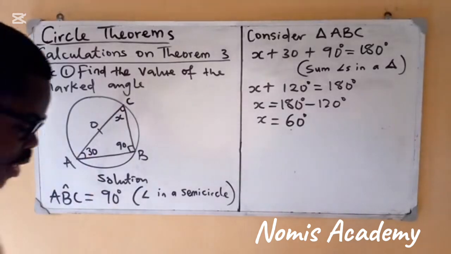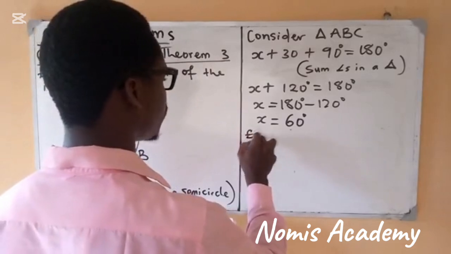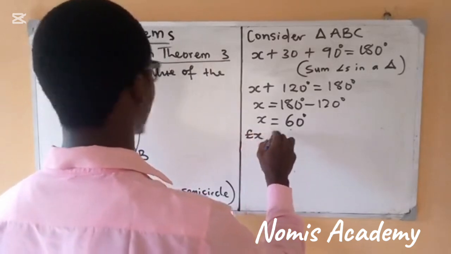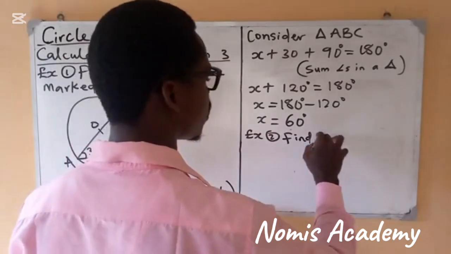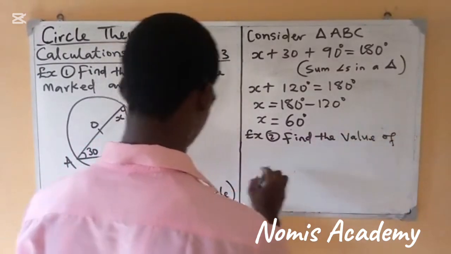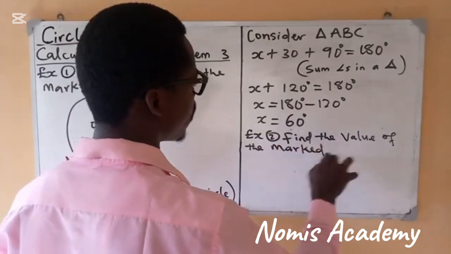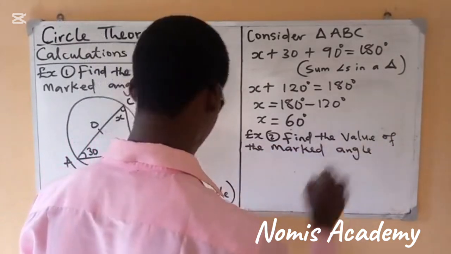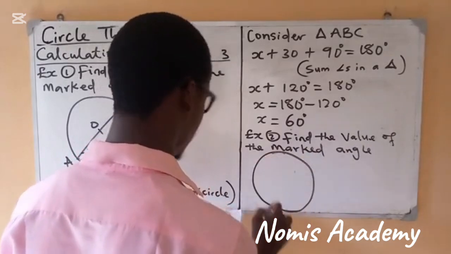Let's pick another example. Example 2. Find the value of the marked angle. So we also have a circle.